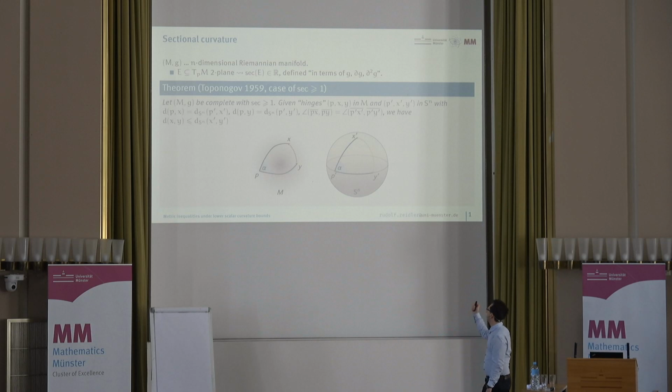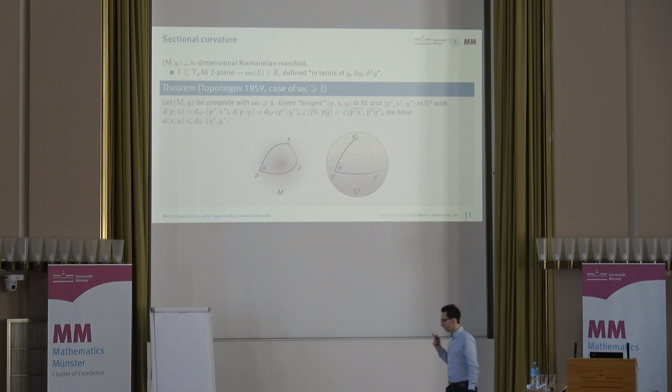Specifically, what you're doing is you look at a so-called hinge in your space, which has a lower bound of the sectional curvature of 1. The hinge is just two geodesic segments which are at a particular angle alpha, and you have a particular distance from this point to this point, and another particular distance from this point to this point.